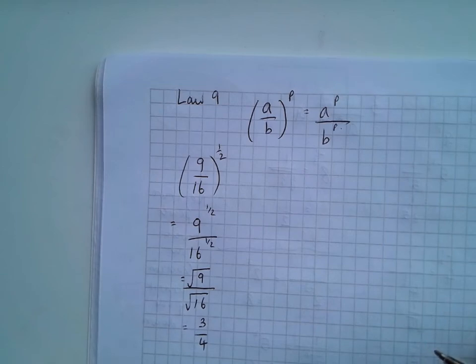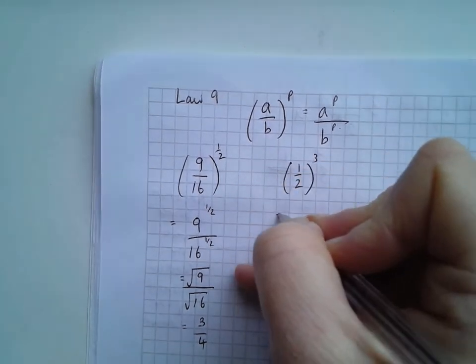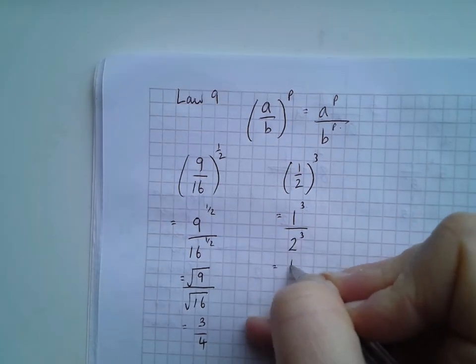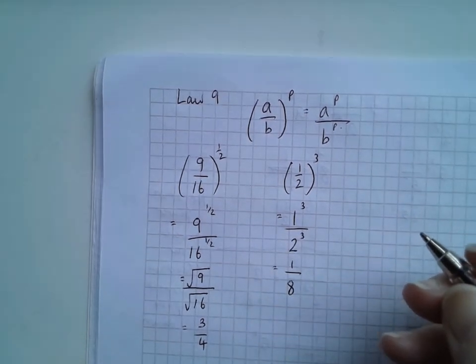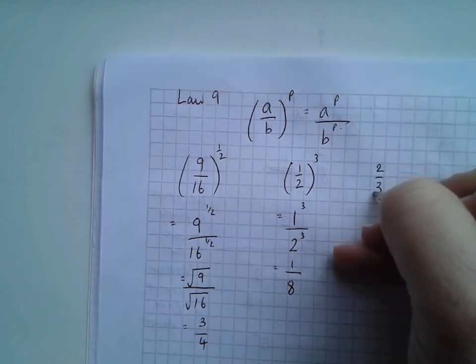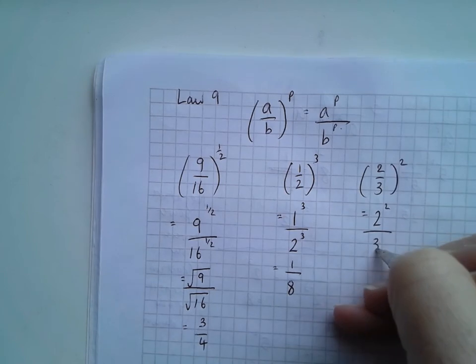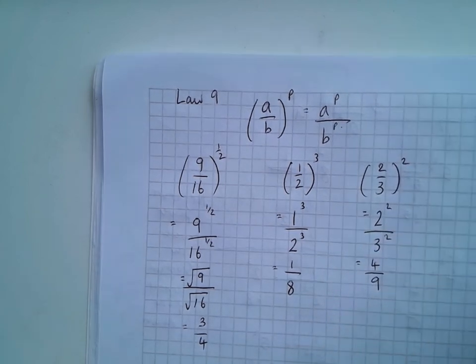Let's see. 1 over 2 to the power of 3 is the same as 1 to the power of 3 over 2 to the power of 3, which is 1 over 8. 2/3 to the power of 2 is the same as 2 squared over 3 squared, which equals 4 over 9.